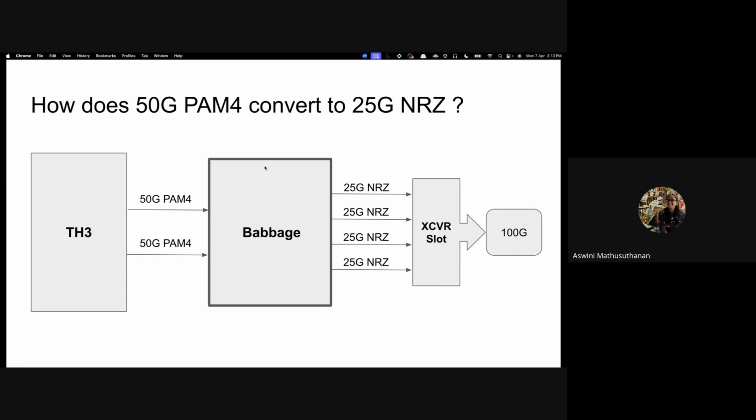This is taken care of by the gearbox in the line card. The gearbox will map 2 by 50 gigs as 4 by 25 gigs, or vice versa, 4 by 25 gigs as 2 by 50 gigs.